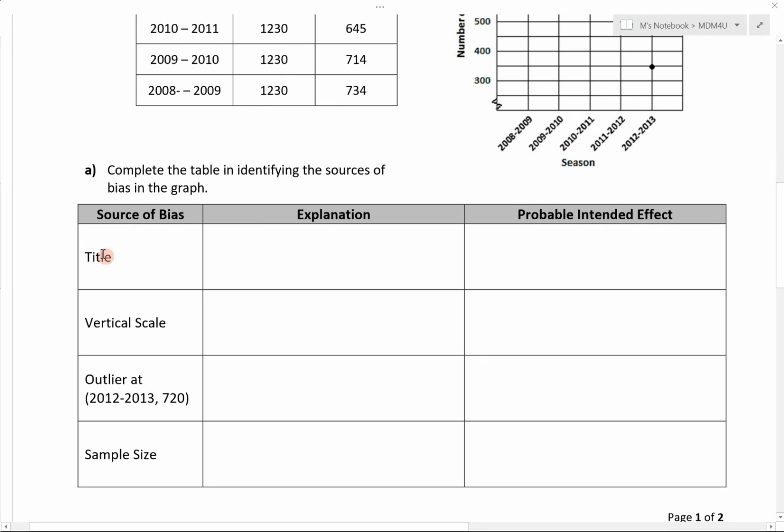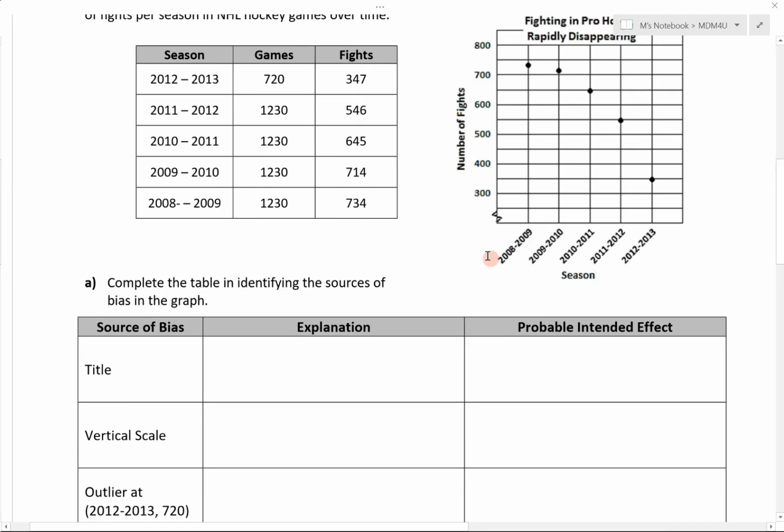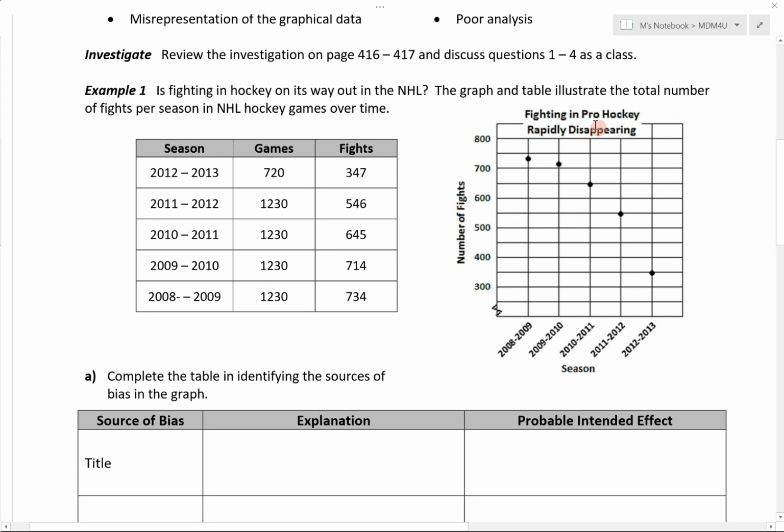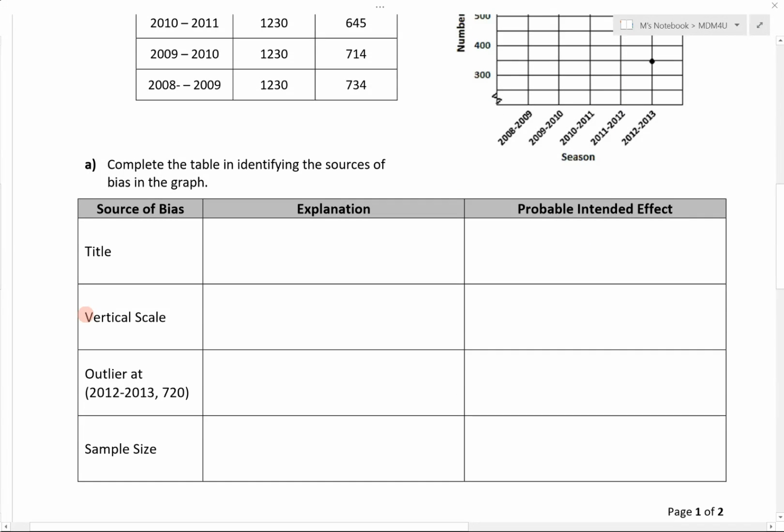So let's look at the title. Fighting in pro hockey rapidly disappearing. Okay, right away you can see it's kind of skewed to one point of view. It's not very neutral at all. So the language is not neutral.